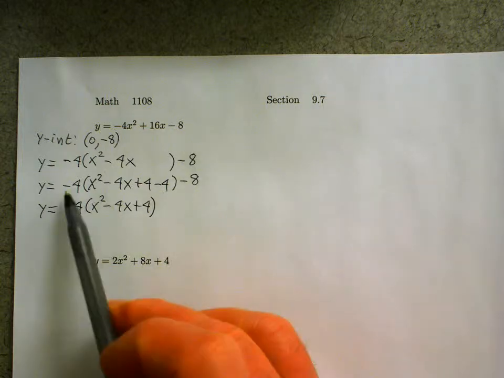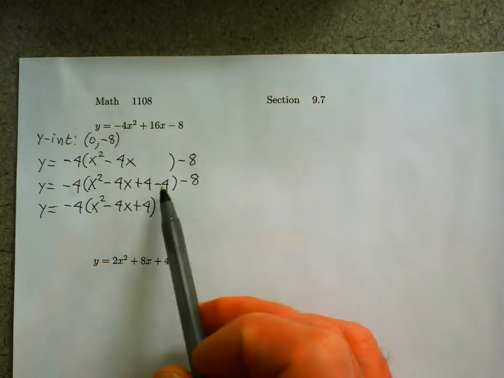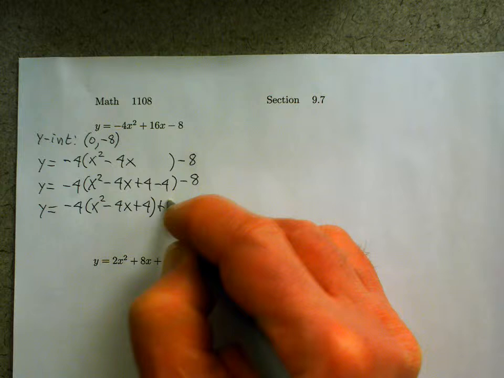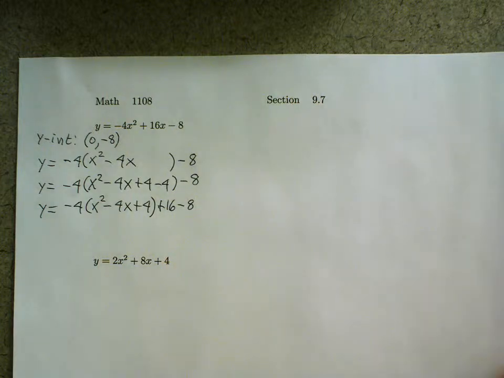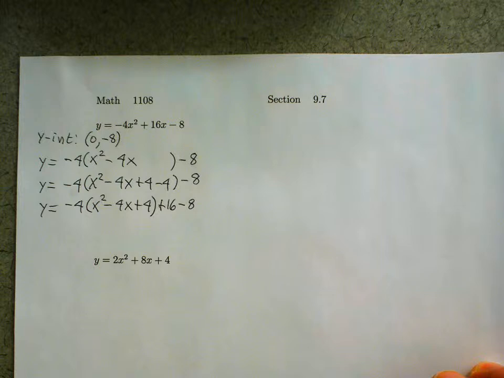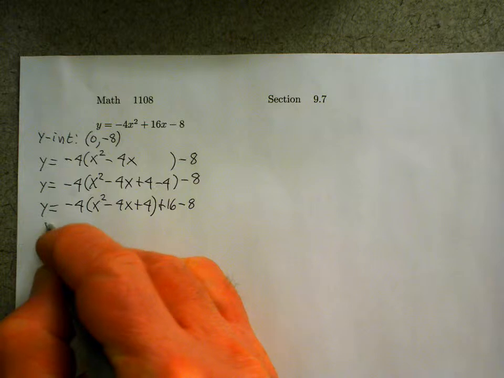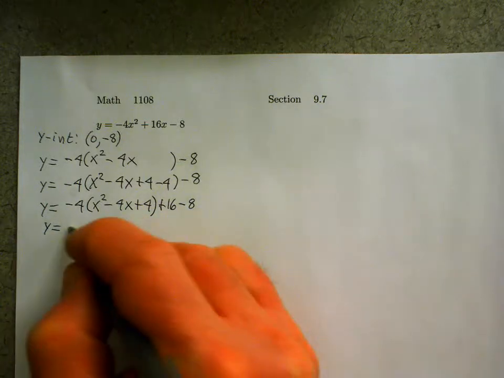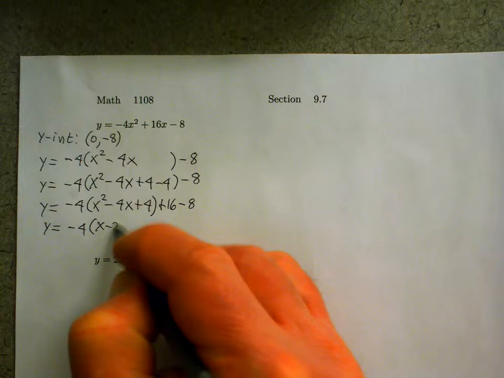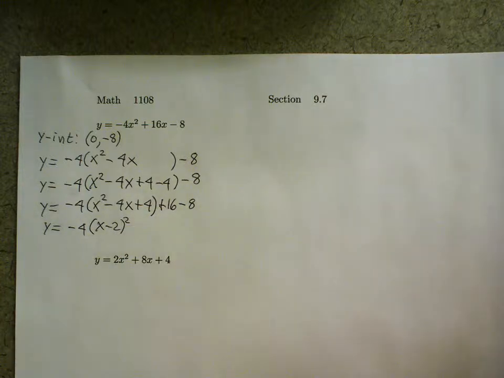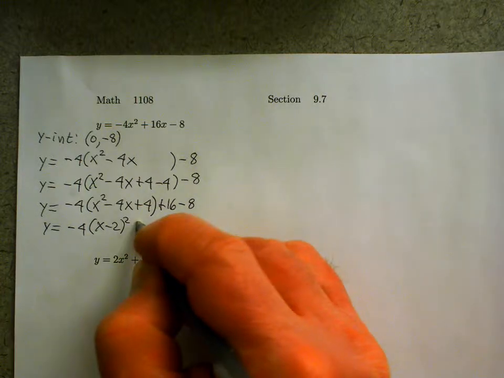Then on the outside of the parentheses, negative 4 times negative 4 is positive 16. And then minus 8. Okay, then we have y equals negative 4 times x minus 2 squared plus 8.